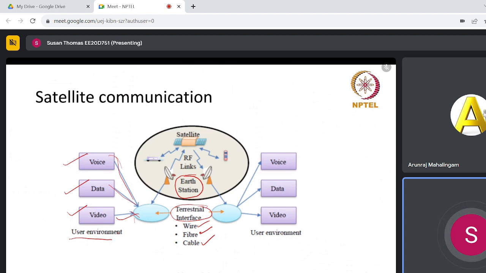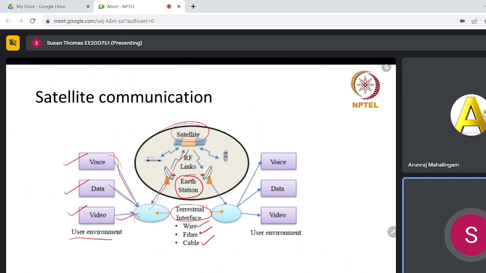So you need large parabolic dish antennas. You might have seen them in multiple areas. They are high gain antennas such that at least some signal reaches your satellite. Now this is your uplink. And downlink, what will happen?